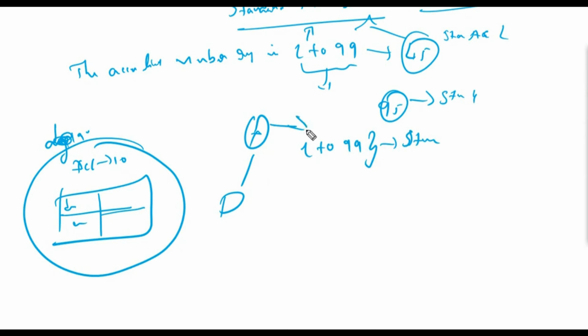Because the router is going to understand that any access number given from 1 to 99 means the person writing the ACL is using the standard access list. Got it? Prakash, got it, right?